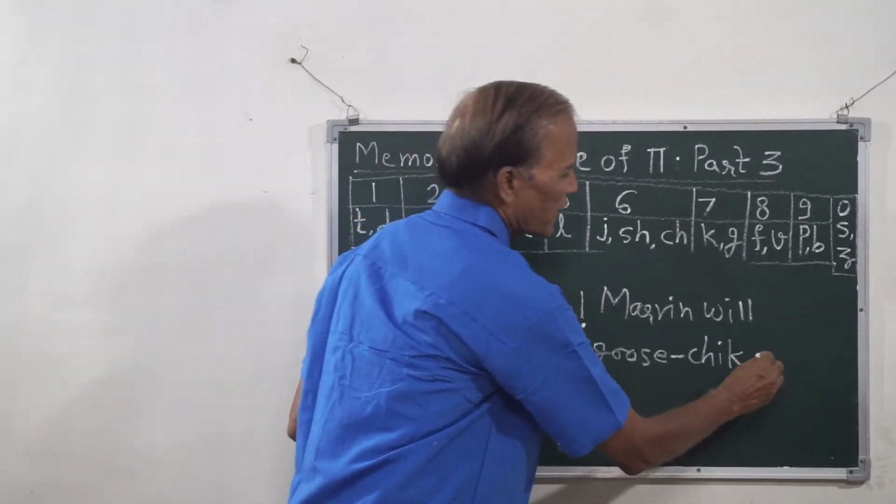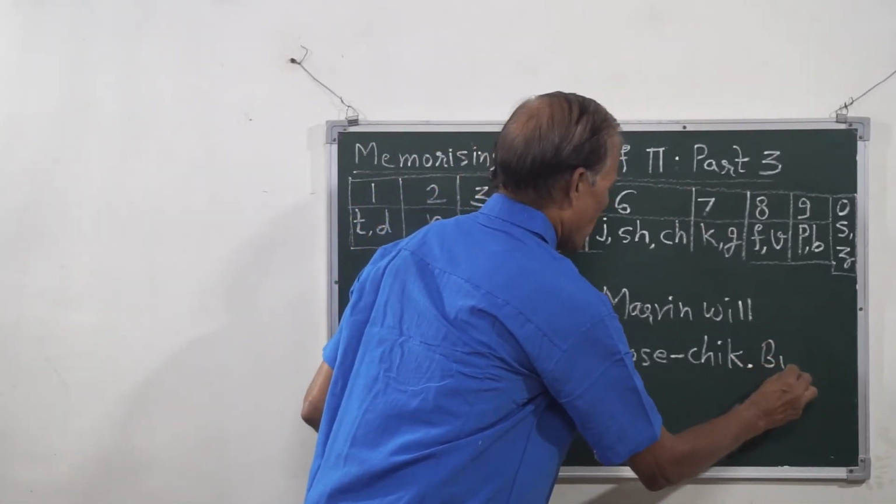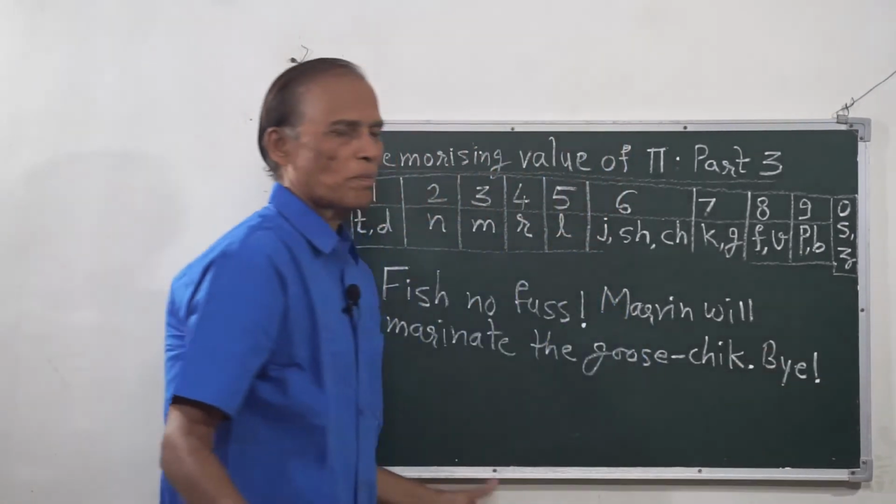And to get the 100th decimal, we add this by.